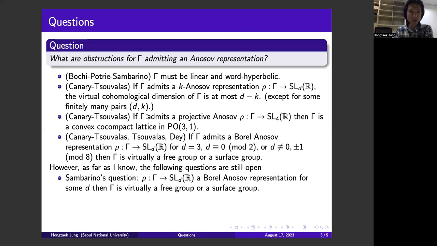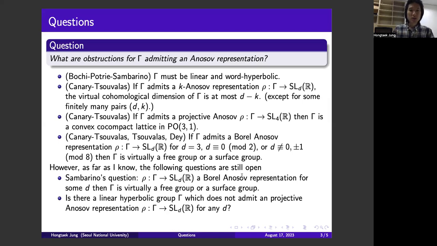The first open question that I want to introduce is Sambarino's question in general. This question asks that if Gamma admits a Borel Anosov representation in some dimension d, then Gamma must be a virtually free group or a surface group. The Canary-Tsouvalis and Dey results tell you that Sambarino's question is true for particular dimensions d, but the general statement is still open.